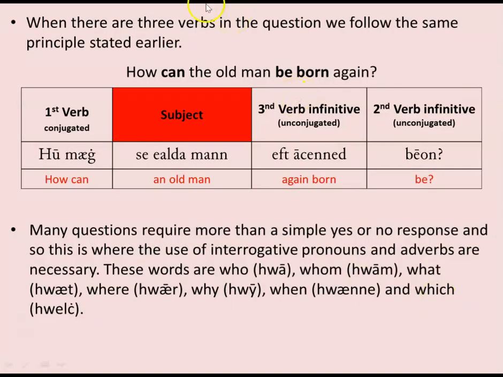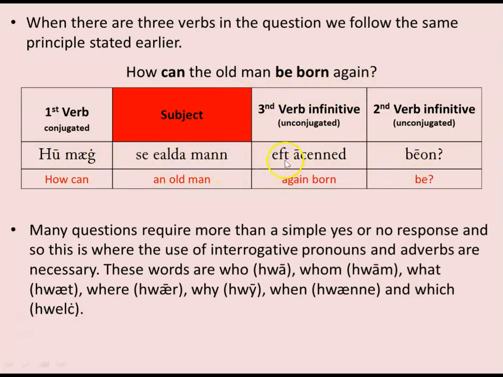All right, when there are three verbs in the question, we follow the same principle stated earlier, we just build inwards. Remember that? First verb at the front, subject, and then everything else, and then the remaining verbs go in this order. The second verb goes to the very end, the third verb goes to the second last place, and so on. So, how can the old man be born again? Hoe mais elder manne efter kenned beon.